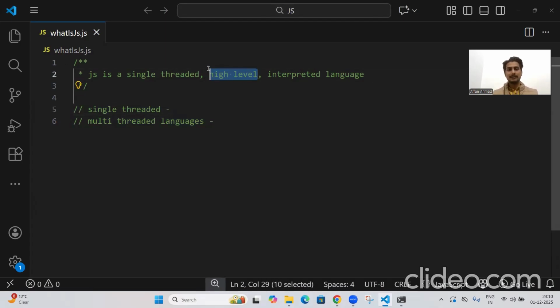Now we have high-level language. High level means the languages which are human readable.